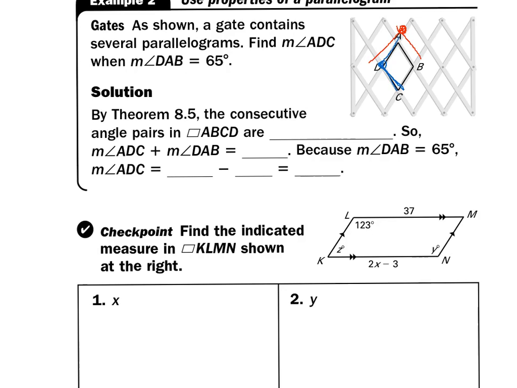So what do we know about those two angles? They are consecutive angles, and consecutive angles are supplementary. So the measure of ADC plus DAB equals 180. So 180 minus 65 is 115.